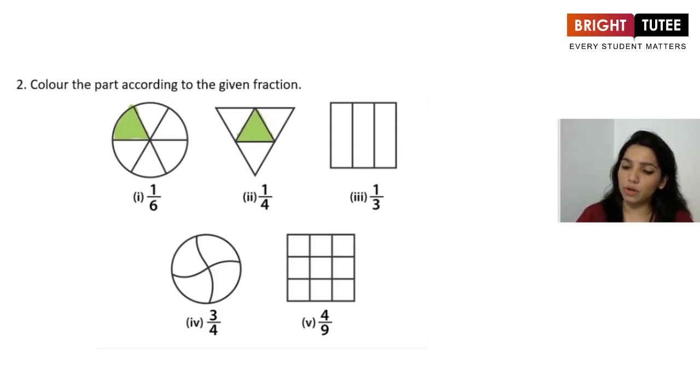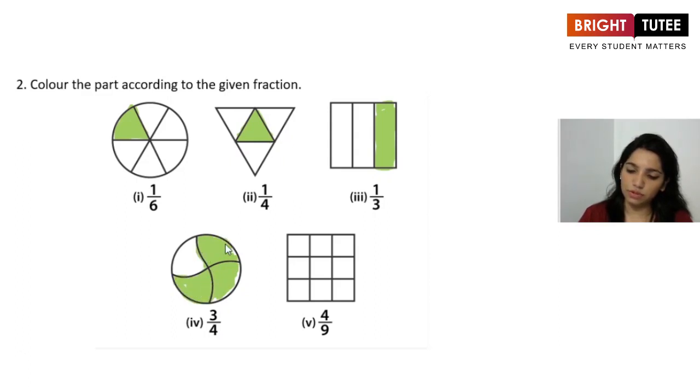Now it says 1 over 3. So out of 3, they want us to shade 1 block. Okay. So this is how we have shaded 1 block out of it. Now coming to the fourth one, out of 4, we need to shade 3 parts. Okay. So 1, 2 and 3.